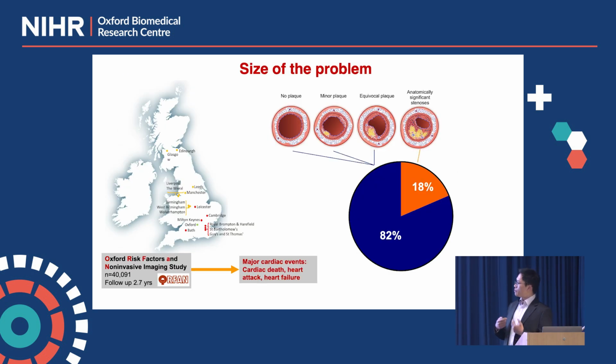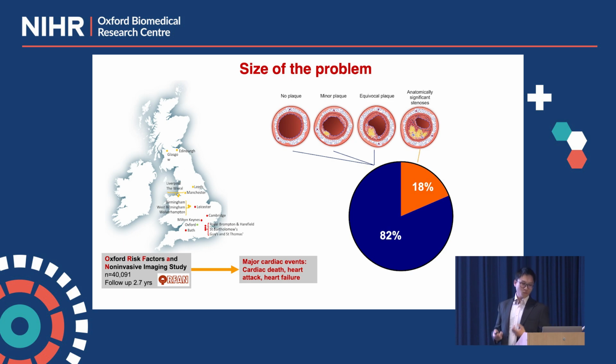His case is not the only story in the country. In the Oxford Risk Factor and Non-Invasive Imaging Study, we analyzed 40,000 patients who had a heart CT scan, and we followed them up to see if there were any major cardiac events, like dying because of cardiac problems, heart attacks, or heart failure.